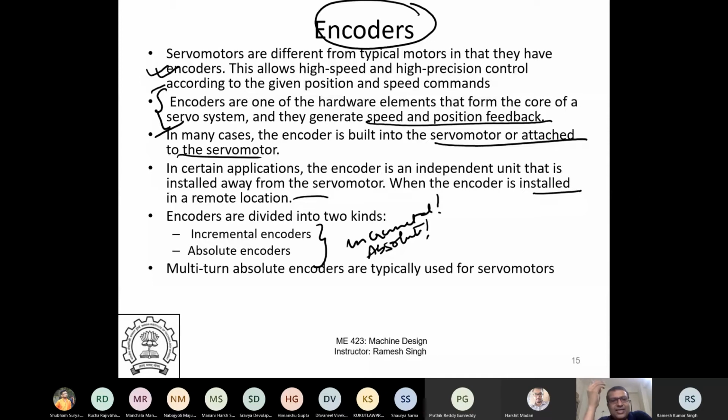At least the name suggests that there is absolute and incremental. You can either say it out aloud or type it in the text box, whichever way you are comfortable.